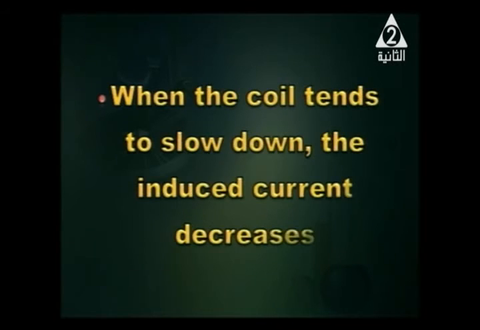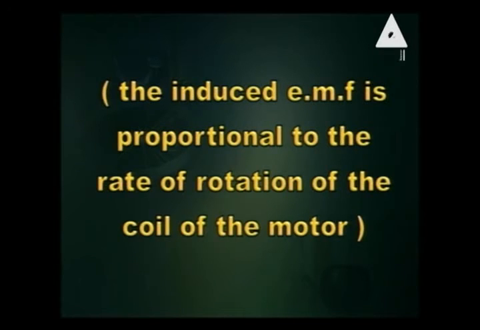And what if the coil tends to slow down? When the coil tends to slow down, the induced current decreases, because EMF is proportional to the rate of cutting, the rate of rotation of the coil of the motor.